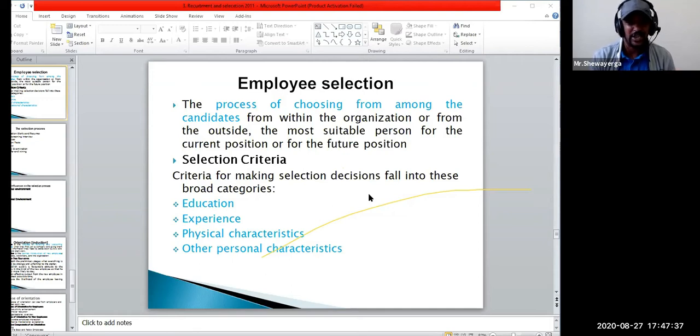Education, experience, and physical characteristics are common criteria elements in all conditions. The basic elements of those criteria are education, experience, physical characteristics, and other personal characteristics, maybe behavior or ethics.